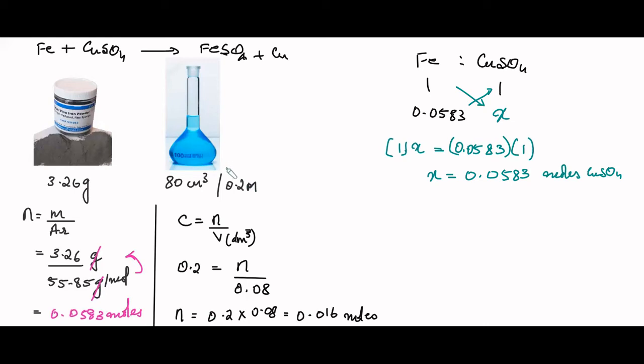Meaning copper sulfate is not as much as we are expecting. Or in other words, copper sulfate being not in sufficient quantity, that is the limiting reagent. It is just 0.016. So this is the limiting reagent.